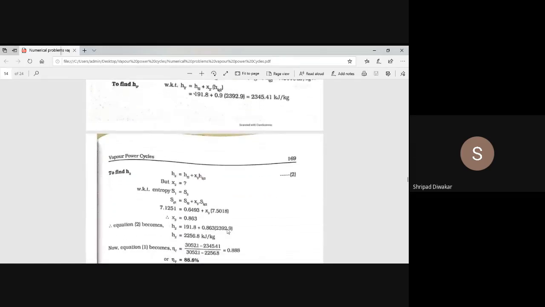This also we get from steam tables. 2 to 3 is your condensation process corresponding to the condenser pressure of 0.2 bar.